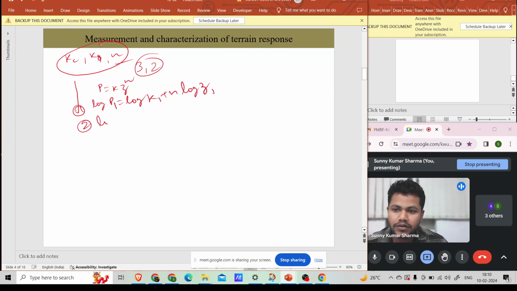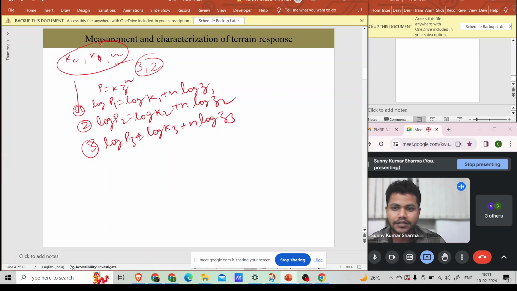And for the second plate, we will get log P equal to log K2 plus n log Z2. And for the third plate, we get the equation log P3 is equal to log K3 plus n log Z3.